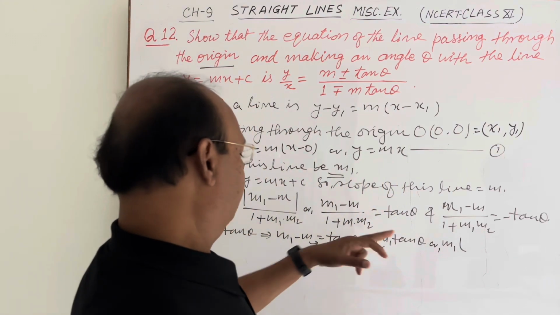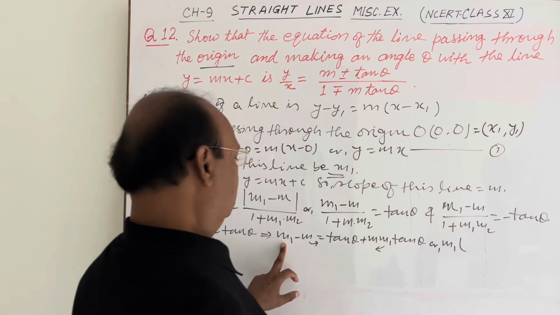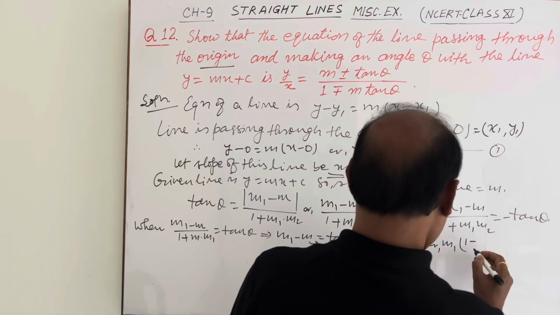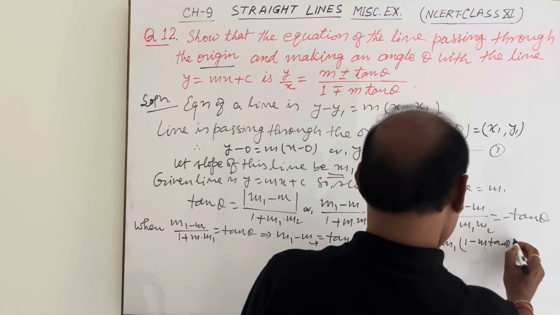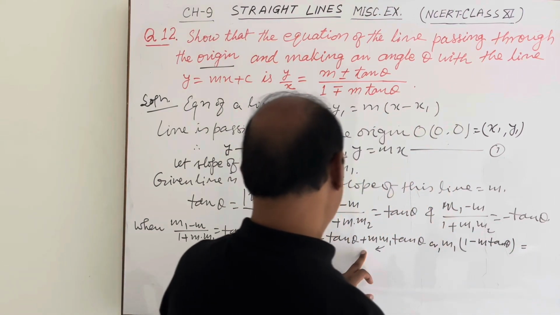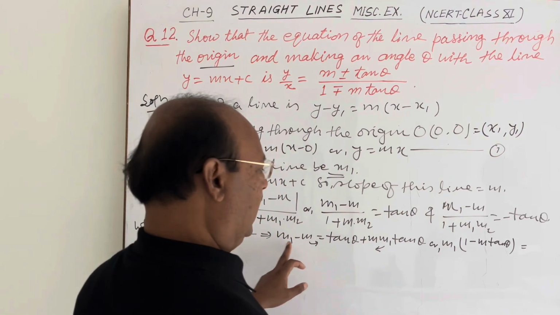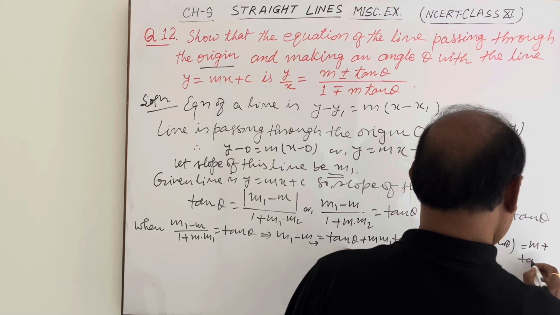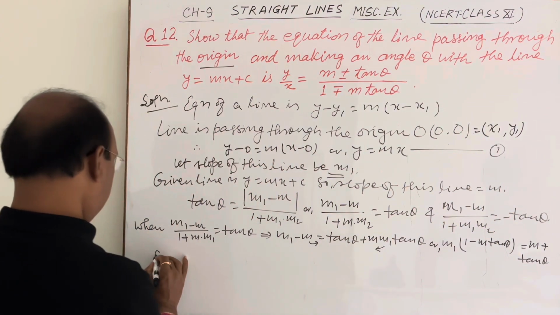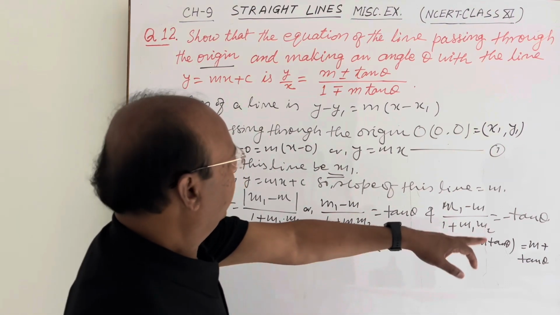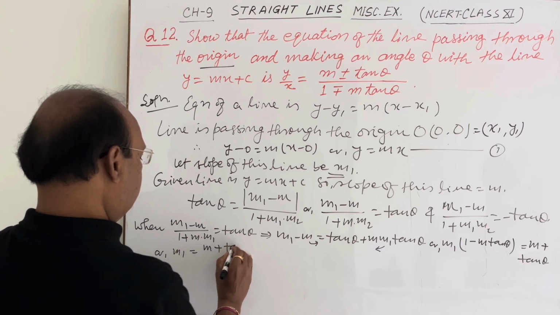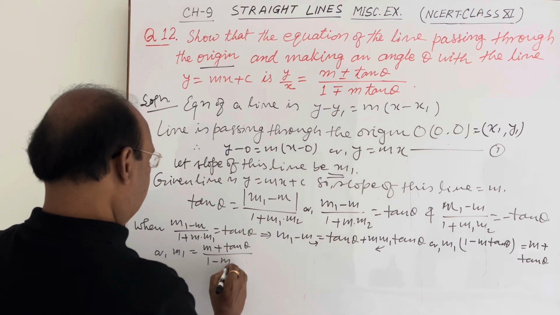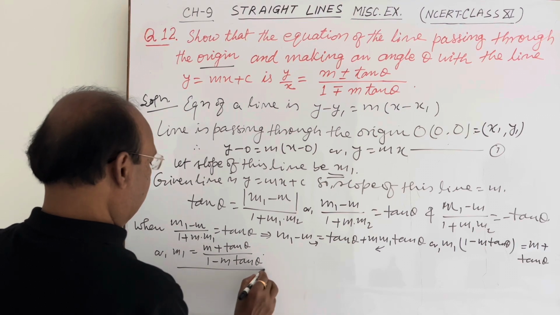When we transpose this term to the left side, we can take m1 common. So m1 times 1 minus m tan theta is equal to m plus tan theta, or we are getting m1 is equal to m plus tan theta upon 1 minus m tan theta. Here we are getting the value of m1.